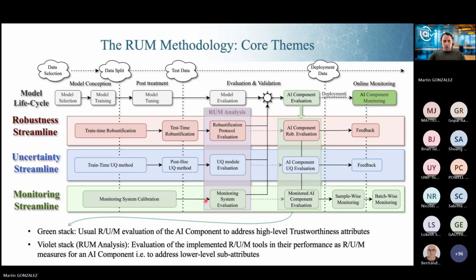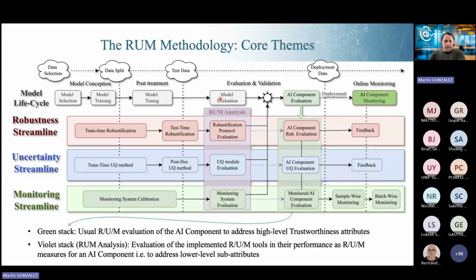So on the right, you'll have on this green stack your usual robustness, UQ and M evaluation of the AI component to address high-level trustworthiness attributes such as those that we saw at the beginning.